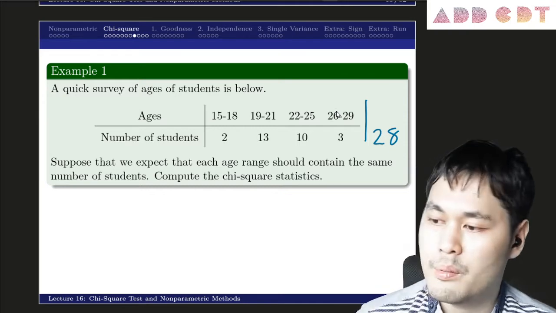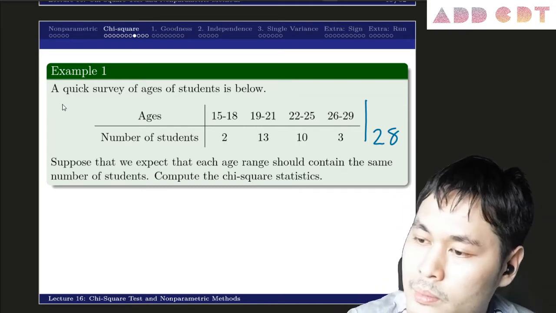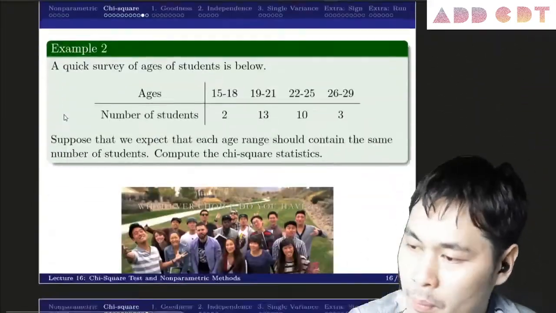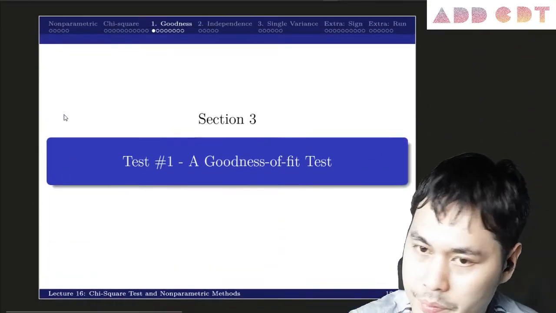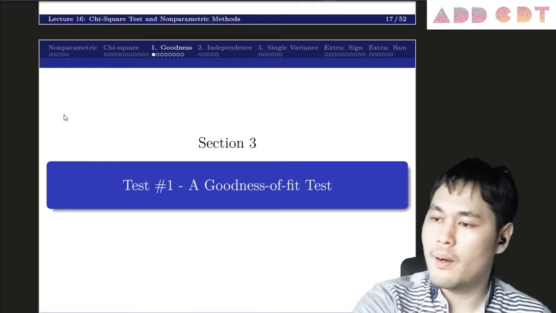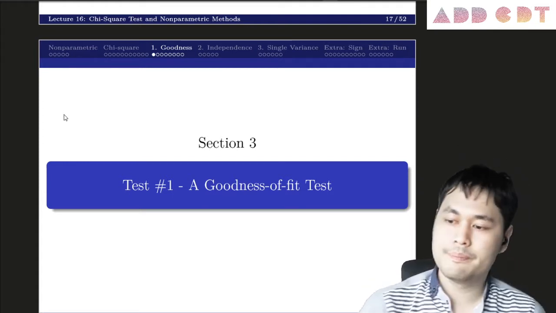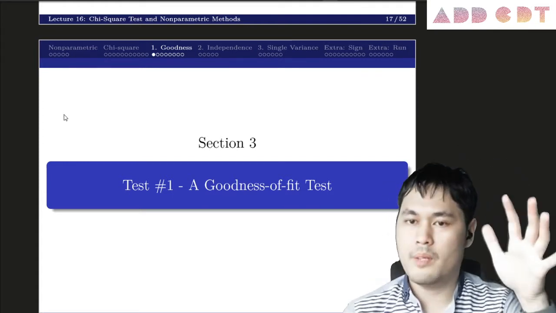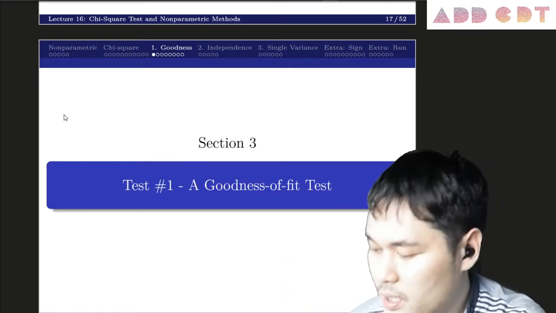Here we have at least 28, and we can perform that. Just a quick number that we can work on. Okay, so now that's just a brief example of how we can compute a chi-square. We have observed counts, we have expected counts, and we combine them and get a single number.